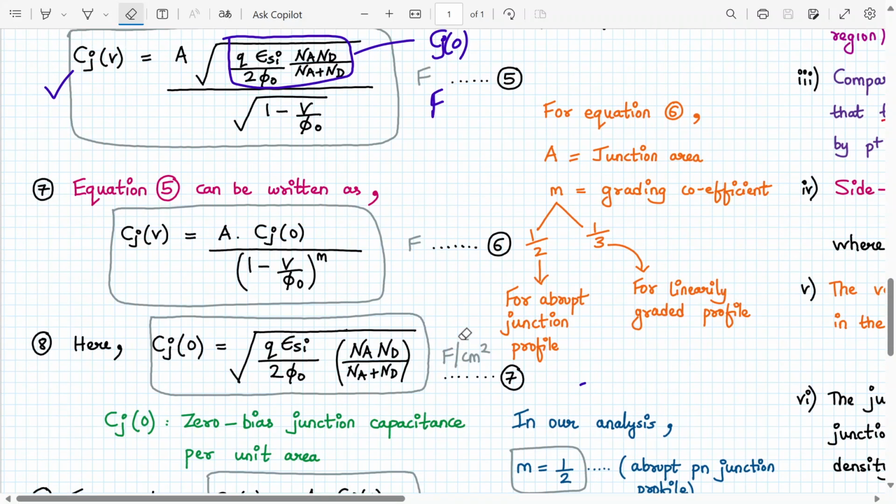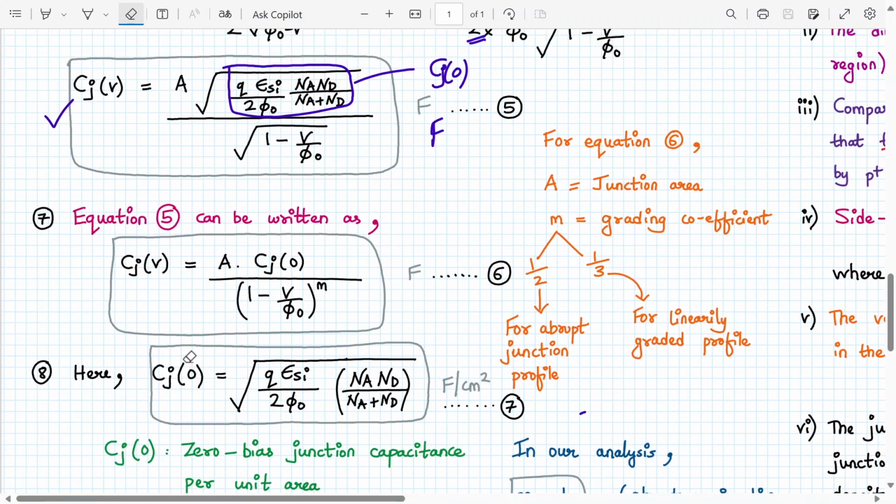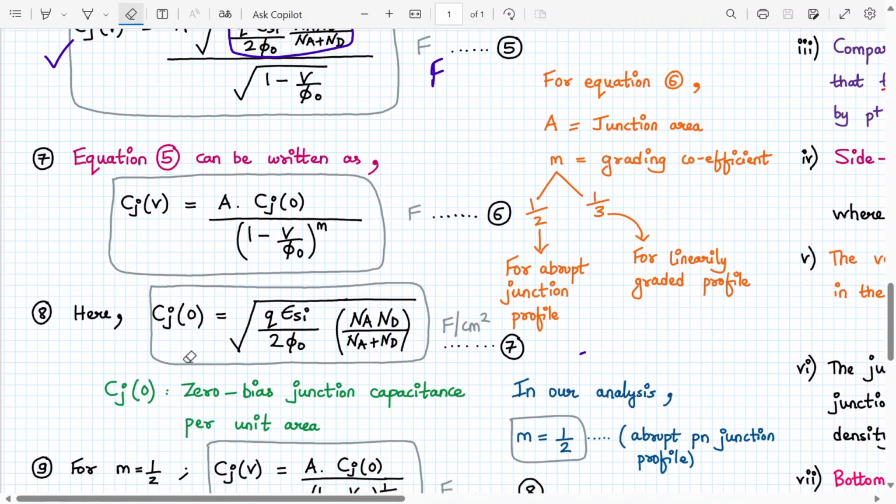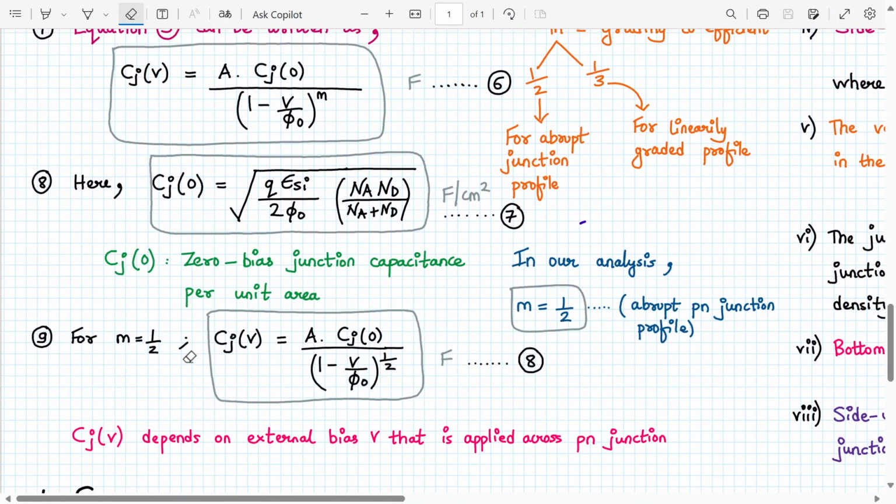Cj of V is the junction capacitance as a function of bias voltage. We have written it in a concise form, and Cj0 is the zero bias junction capacitance per unit area. Have you completed writing this? Yes, sir. Okay. Now we are considering the abrupt junction profile.